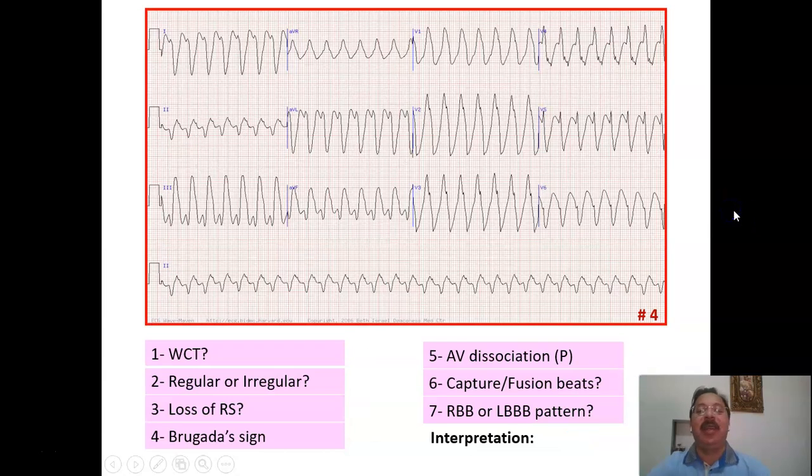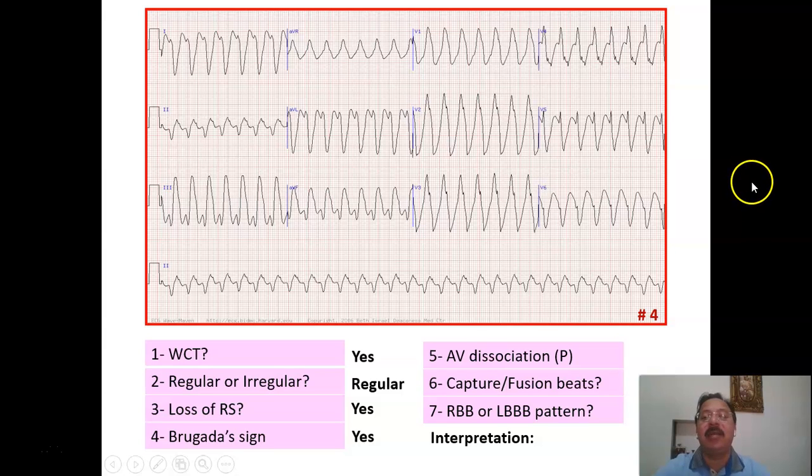Difficult. Okay, let's see another one. It's a wide complex tachycardia. Answer yes or no? Yes. Regular or irregular? This is regular. Loss of RS? Yes, in most of the leads. Brugada sign? Yes. And you see these special notches in the QRS complexes.